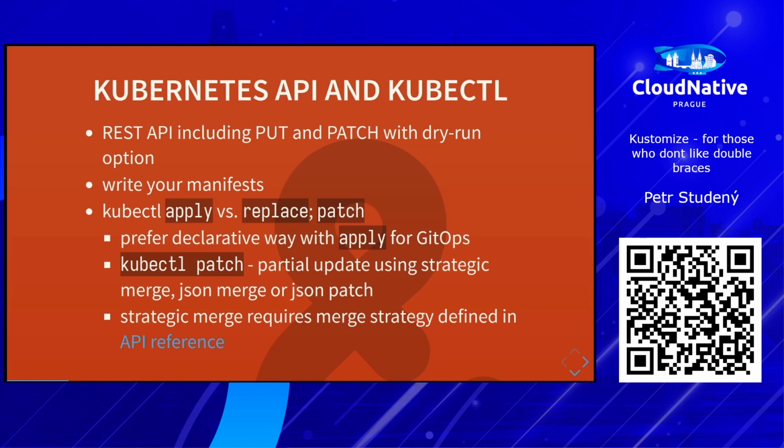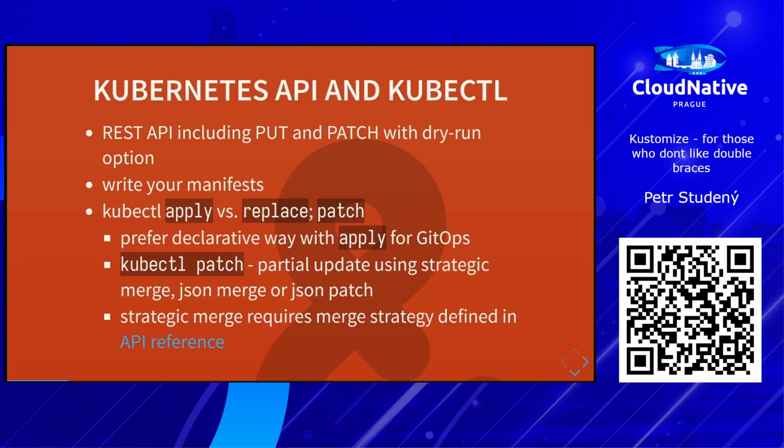That means that it's declarative, and it should be idempotent: if you run the put method several times, it should just create the resource there. And the patch method works with a partial payload, so you don't have to create the whole resource again. You just send a part of the data, and the existing resource in Kubernetes should be updated.